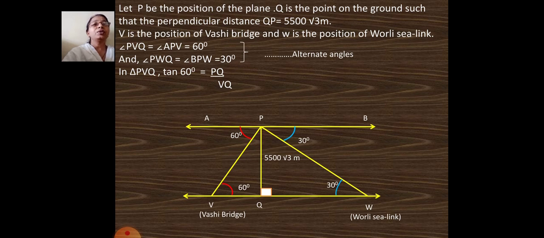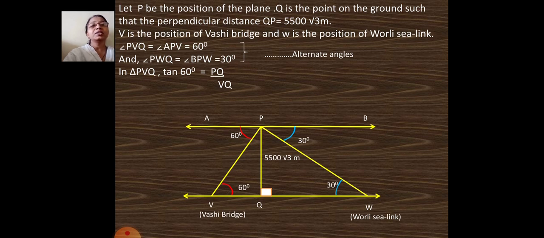Q is the point on the ground such that the perpendicular distance PQ is 5500 root 3 meters. V is the position of Vashi Bridge and W is the position of Worli Sea Link. Angle PVQ, see from the diagram, is equal to angle APV. Reason? They are alternate angles, so they are equal. Similarly, angle PWQ and angle BPW are both equal, again because they are alternate angles.